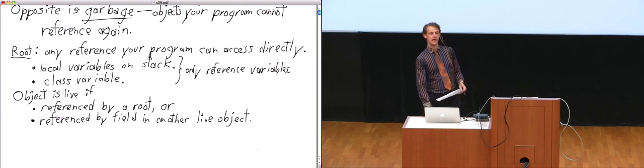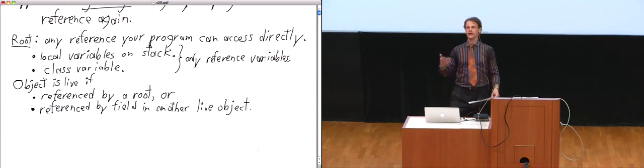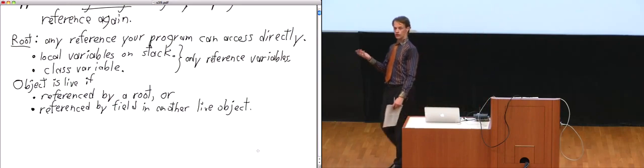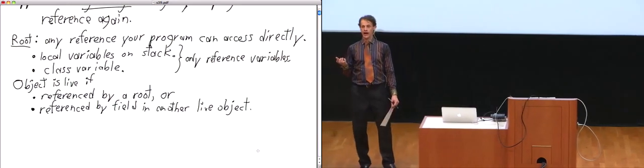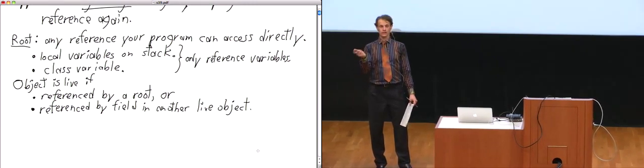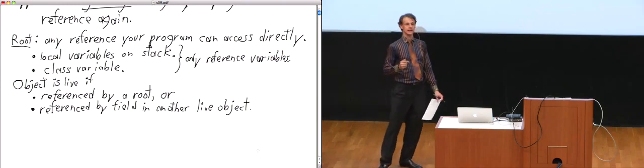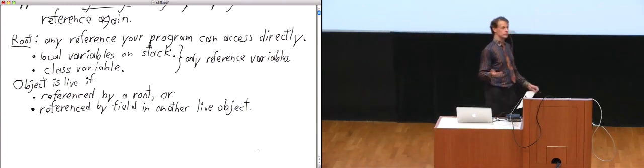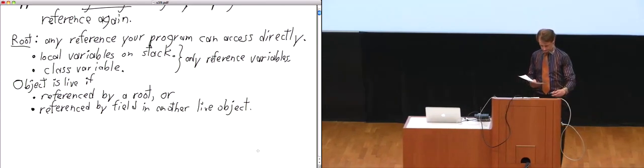Another way to say this is to think of all the objects in memory as a graph, a directed graph. And if one object has a reference pointing to a second object, you think of that as a directed edge. And now we're asking which objects are reachable in this graph.